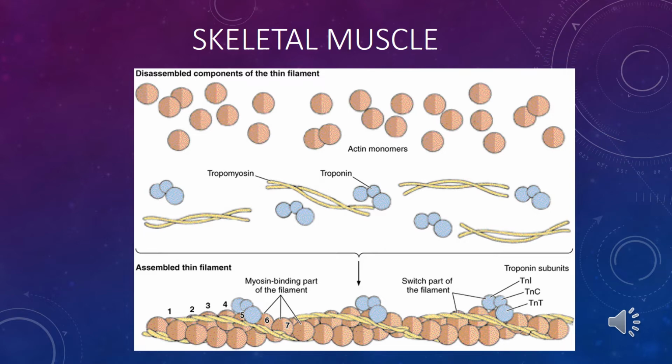It is always a light staining filament on the slide. You can see the position of the elements, the numbers, and how many actin monomers are included in the filament, and the location of troponin in blue color, and tropomyosin in yellow color on this picture.